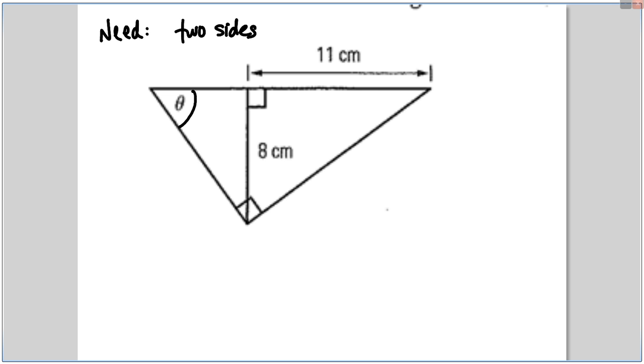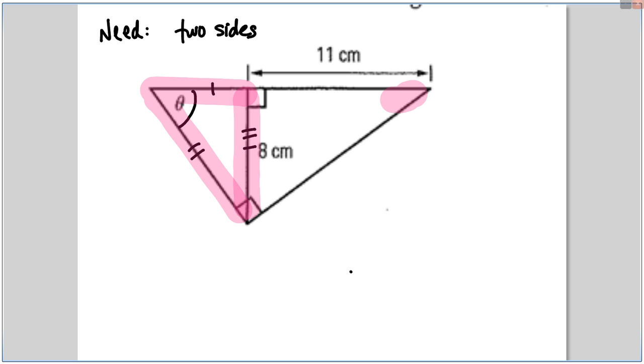Do you have two sides for the theta triangle? Like, do we have this one, or this one? Well, we only have one of them. We have 8. So we have the shared side. That's actually kind of nice. We got the shared side. So we probably need to solve for one of these other sides or this missing angle.